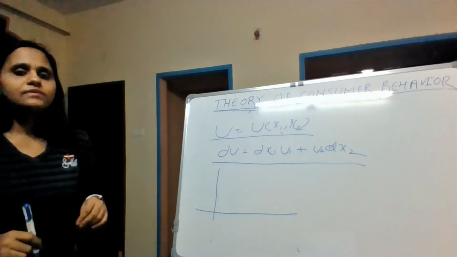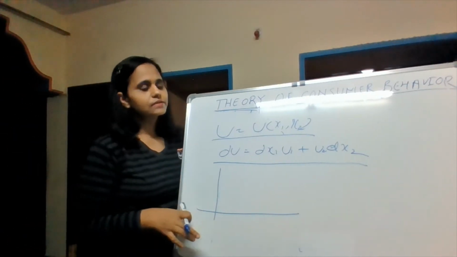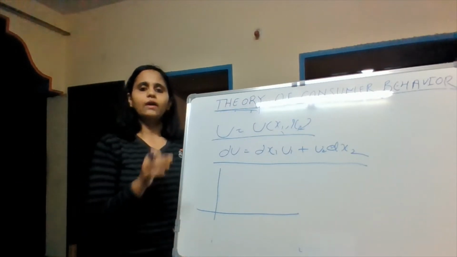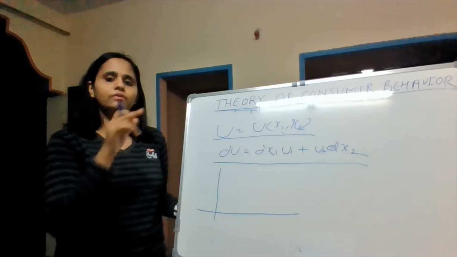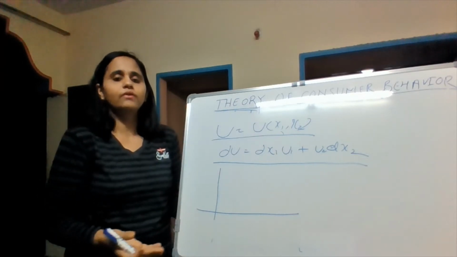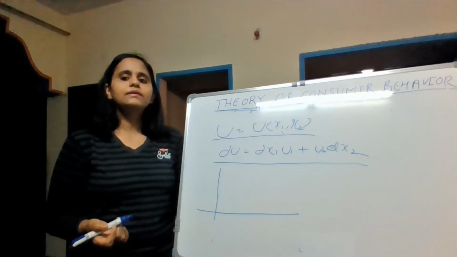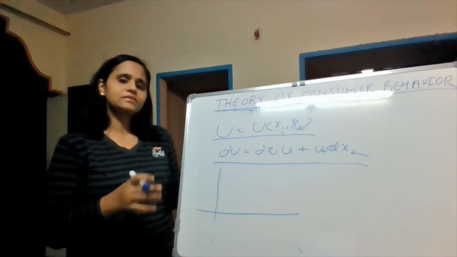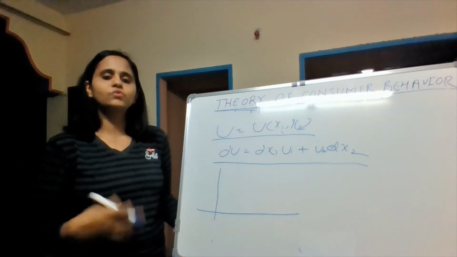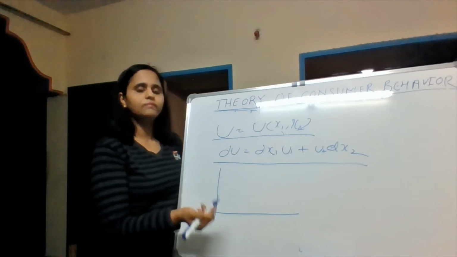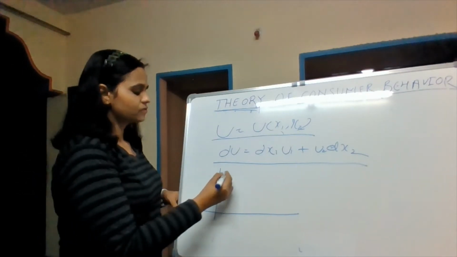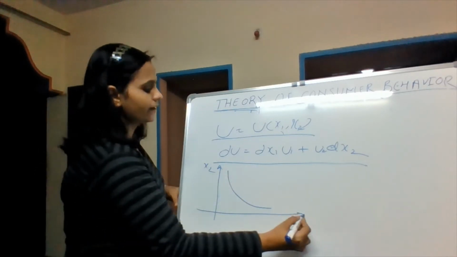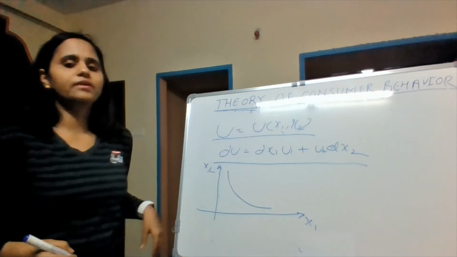So what is an indifference curve here? In the ordinal approach, you try to derive a curve along which utility is constant. So the consumer can choose any bundle along the curve and will get the same utility. Consider this is the curve, and this is your x2 and x1. x1 is one good, x2 is another good.